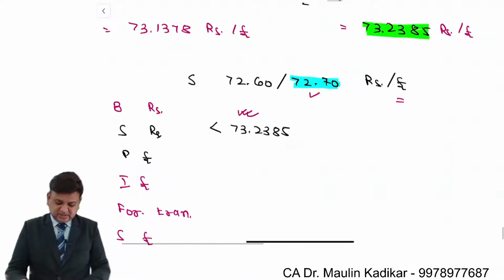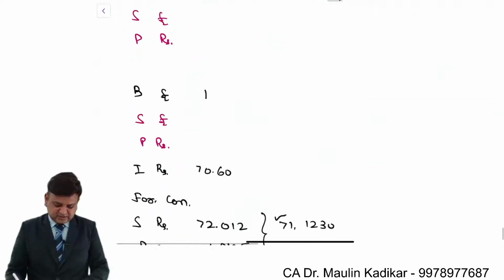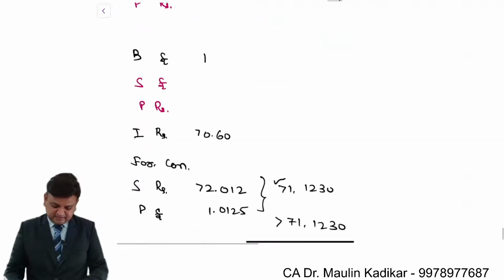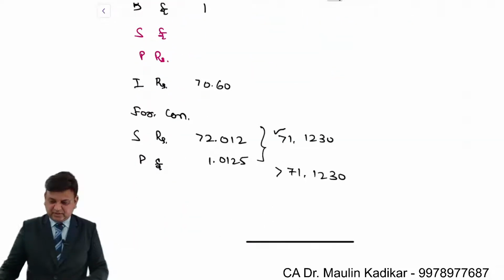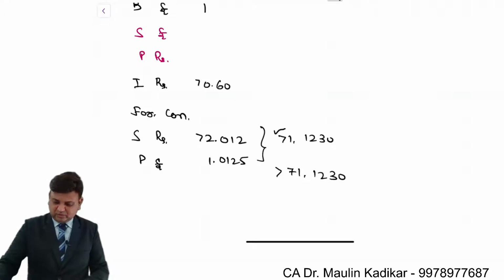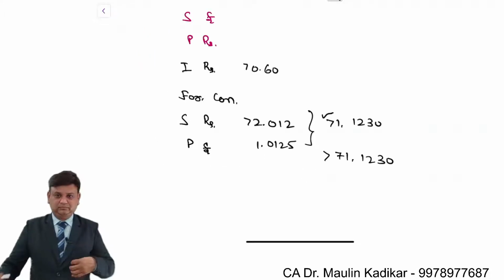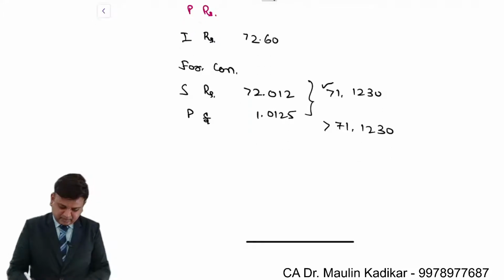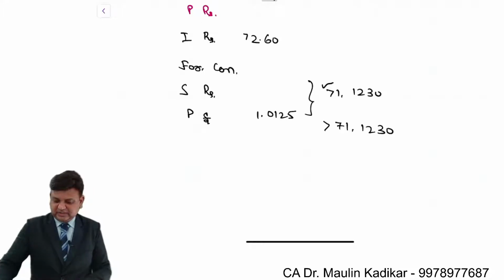So this rate should be, that is, the sell rupees and purchase pound rate should be higher than 70.6 plus 2 percentage, 72.012 divided by 1.0125. Over here friends, the rate is 72.6. I'm sorry. So this will become 72.6 into 1.02.